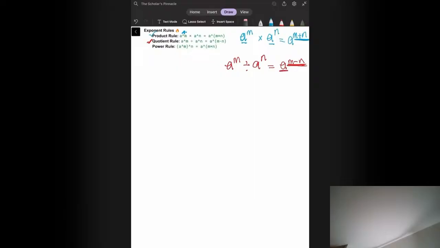And then you have the power rule. Finally, we have a raised to the power of m, in parentheses, remember, you group the expressions this way, raised to the power of n. All of this can also be written as a raised to the power of m multiplied by n.